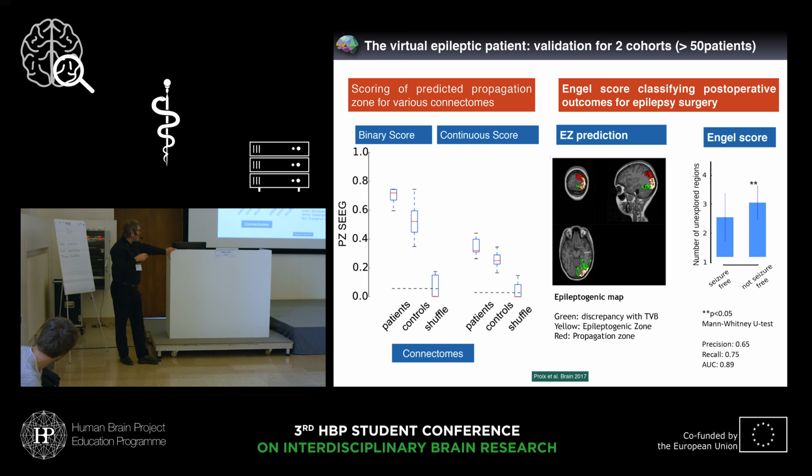When we map the size of the green areas, whether it's additional or missing area, against what we call the Engel score, which is surgery outcome, we find that failure of surgery, according to Engel score, is associated with a larger area of this green, or with a discordance with what is coming out of the virtual brain.